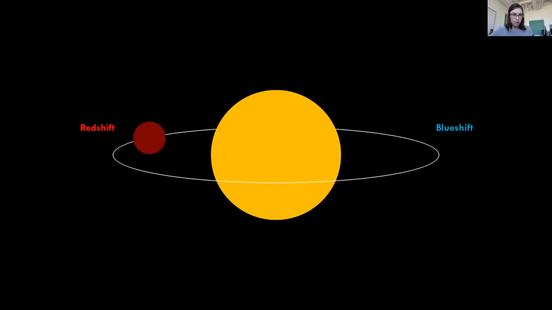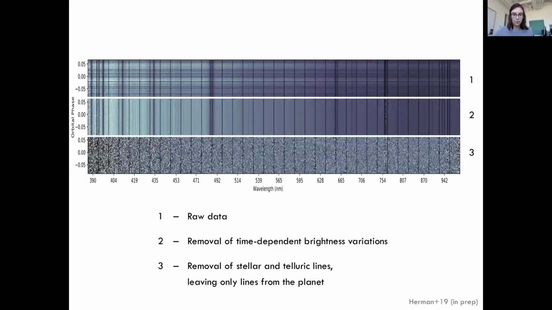That, of course, shifts the spectral lines of the planet either toward or away from us. And because the planet's going to be moving a lot more than either the star or the sky during the course of our ground-based observations, we can distinguish the planet's shifting spectrum from the mostly stationary stellar and telluric contributions.